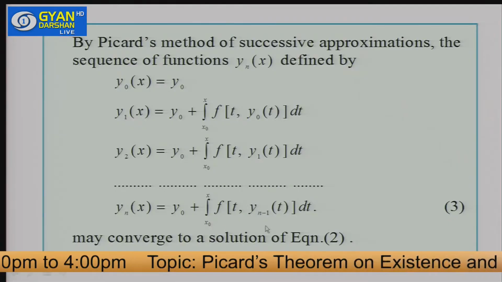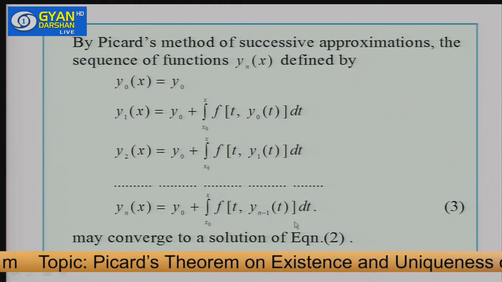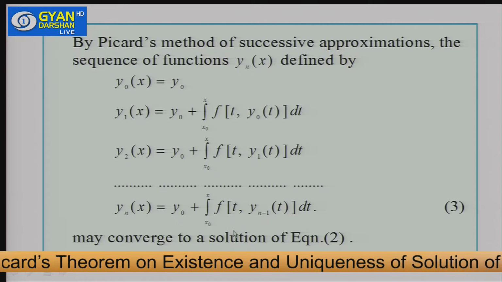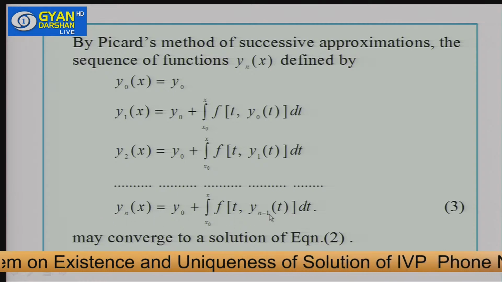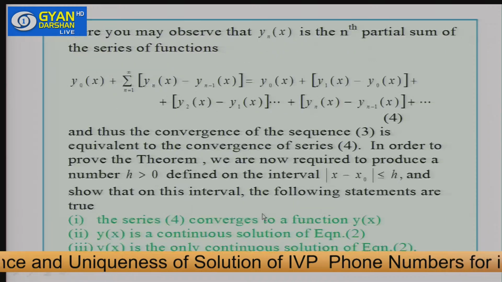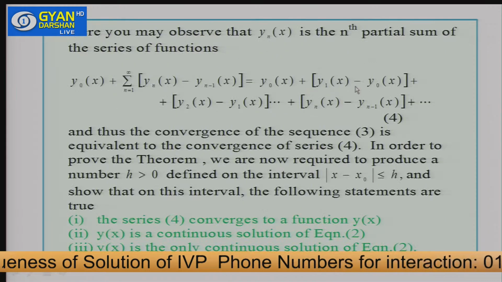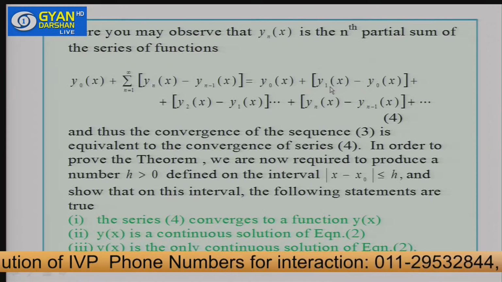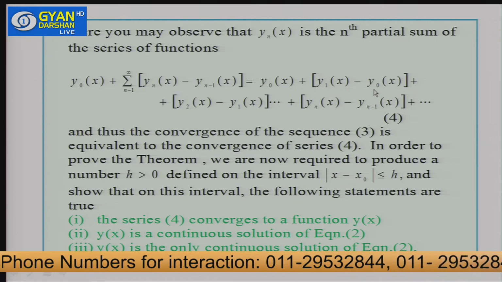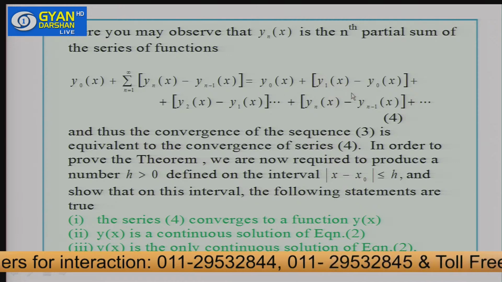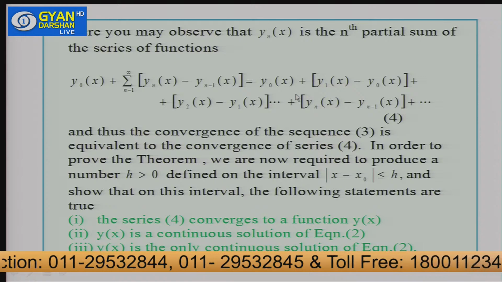This is our yn. So f is continuous, you are taking integration, so obviously after integration it will also be continuous. This is just a constant, so each yn is continuous. And what is this? You are just taking the difference of continuous functions, so again it is continuous. So each term of the series is continuous, so obviously the limit will also be continuous as the convergence is uniform.